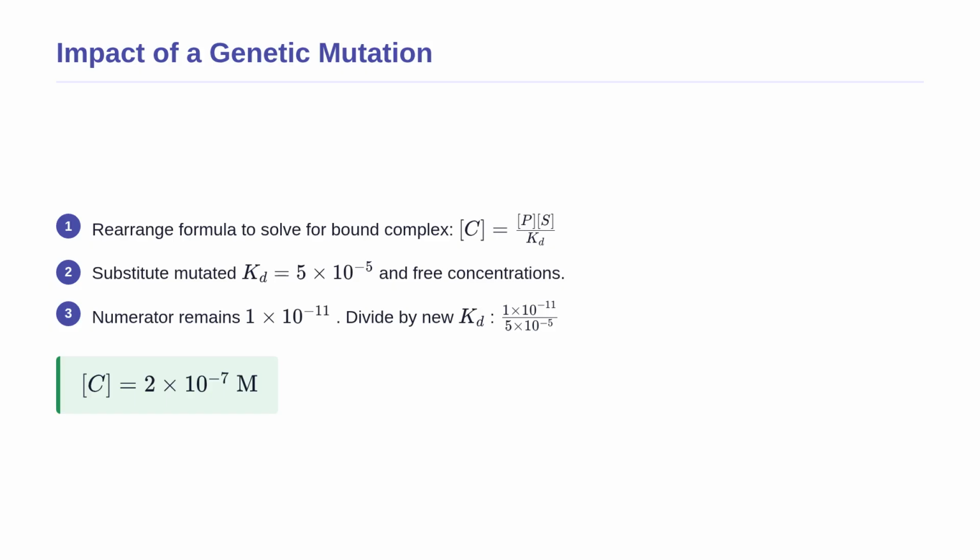Plugging in our values, the numerator remains 1 times 10 to the negative 11. Dividing this by our new, larger Kd yields a final bound complex concentration of 2 times 10 to the negative 7 molar. Physically, this massive drop proves the mutation strands crucial proteins in the cytoplasm, causing disease.